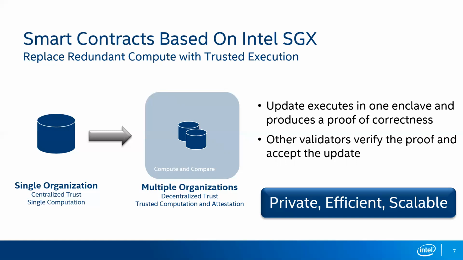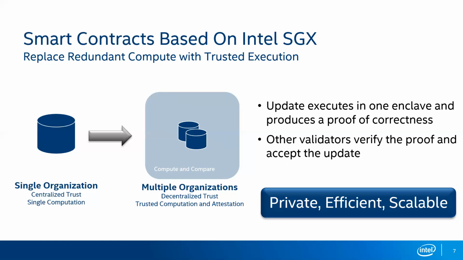We replace the redundancy with a chain of attestations. We can update one of these smart contracts one time in one enclave. It generates a proof of correctness, which is handed off to the ledger, and the ledger verifies the proof and then accepts the update.